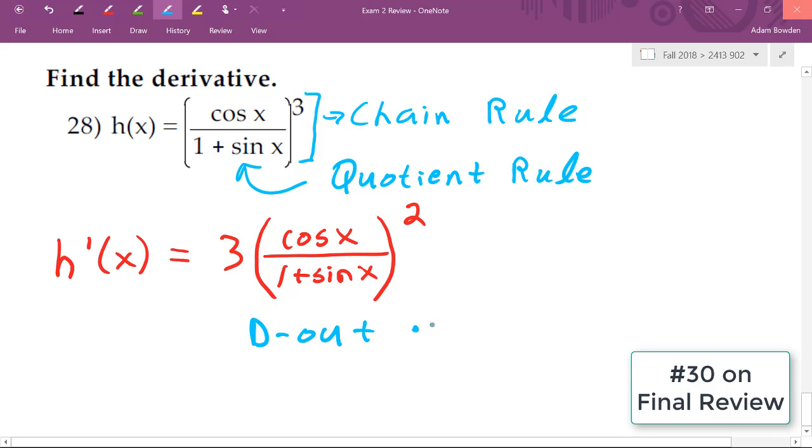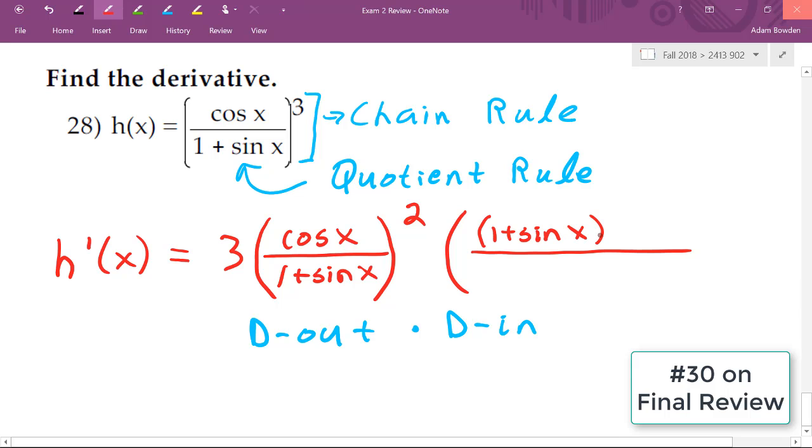Now we have to multiply by the derivative of the inside. Derivative of the inside is going to mean applying the quotient rule. Applying the quotient rule to the inside means we have to do low d high. Derivative of what's on top is negative sine x from the cosine.